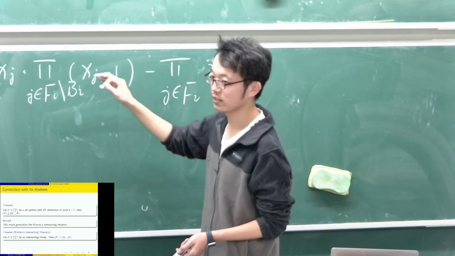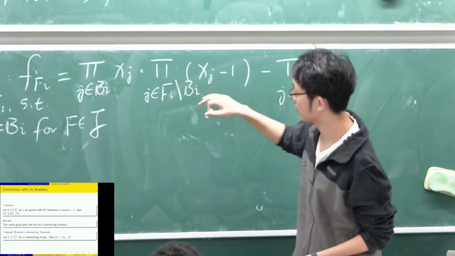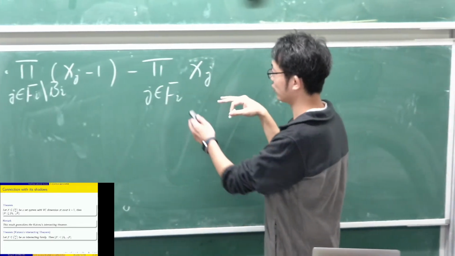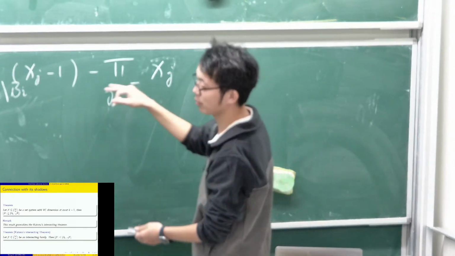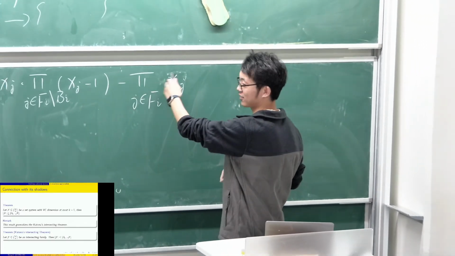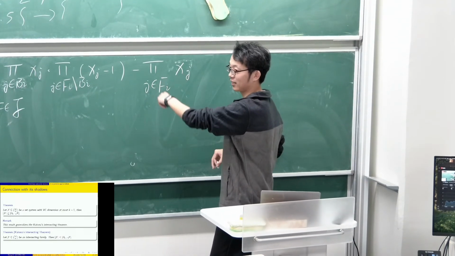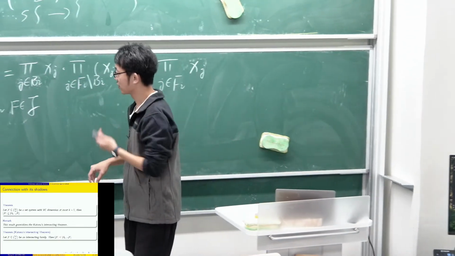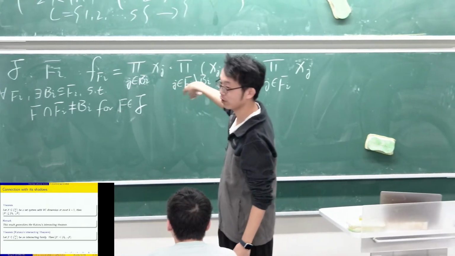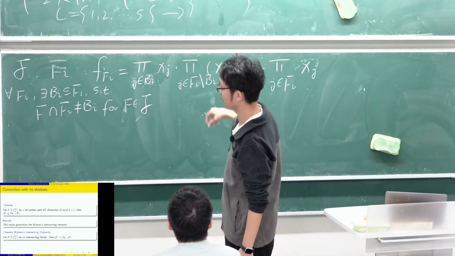To guarantee that such a polynomial has degree at most k minus 1, we need to subtract some monomial of degree exactly k. Yeah, so you can check that those polynomials are linearly independent.